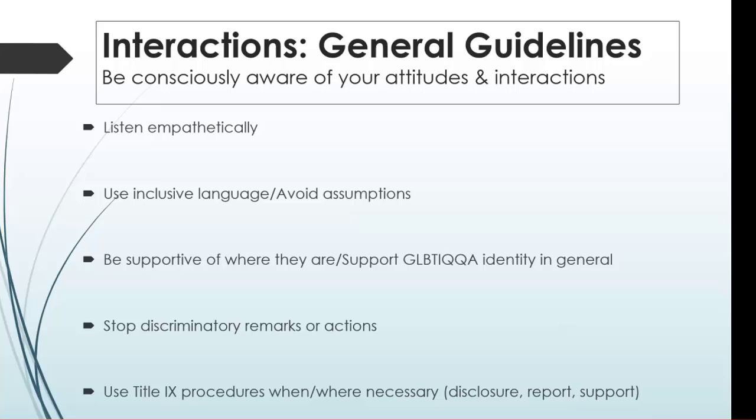You may know that you have a gay student, but you don't really know what their experience is. So you want to be open and available if they need or want to talk to you. If they know you're supportive, they're more likely to feel that they can share something with you if they need to. The other area to consider is stopping discriminatory remarks or actions.